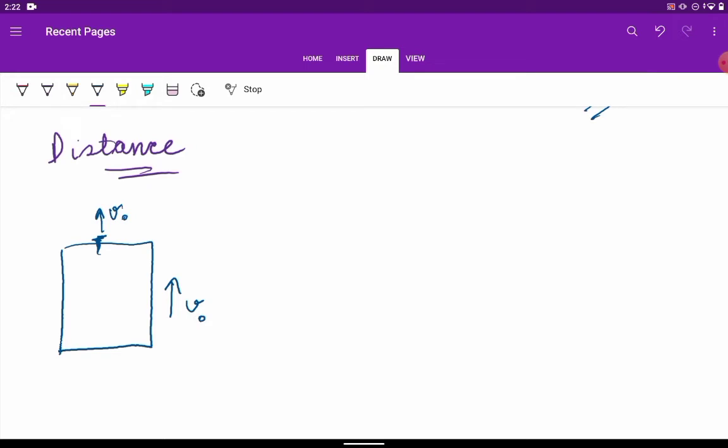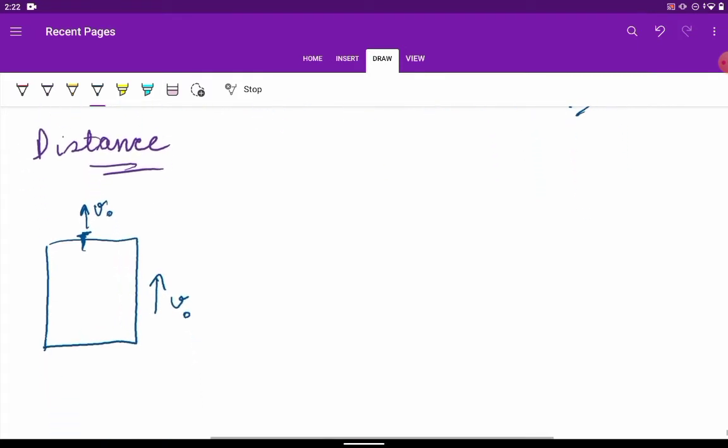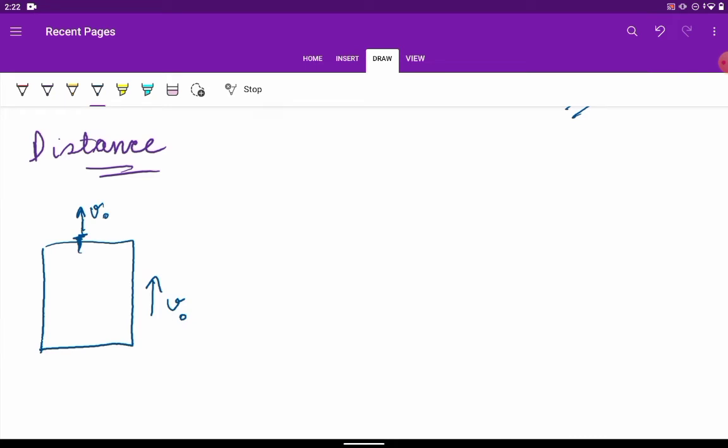So it goes upward with v naught, and we already know it has a net displacement of 0.7 meters with respect to the ground. What happens is it takes a trajectory. Of course, it goes up, comes down.